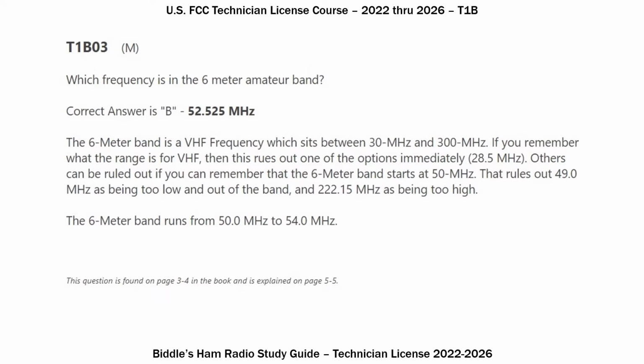So that's going to rule out 49 megahertz as being too low and out of the band. And 222.15 megahertz is also far too high. The 6 meter band runs from 50 megahertz to 54.0 megahertz. So on this question, try and remember that the 6 meter band starts off at 50 megahertz. If you can remember that, that should help you with the question on the test.